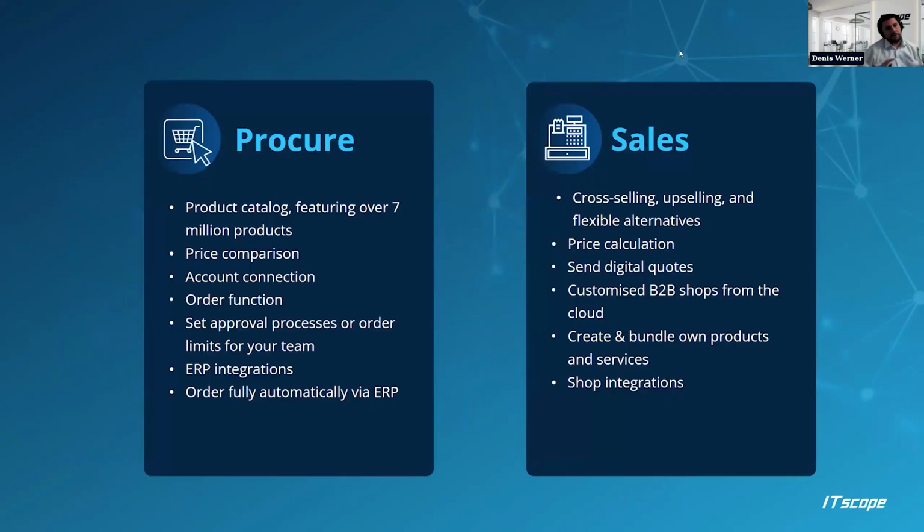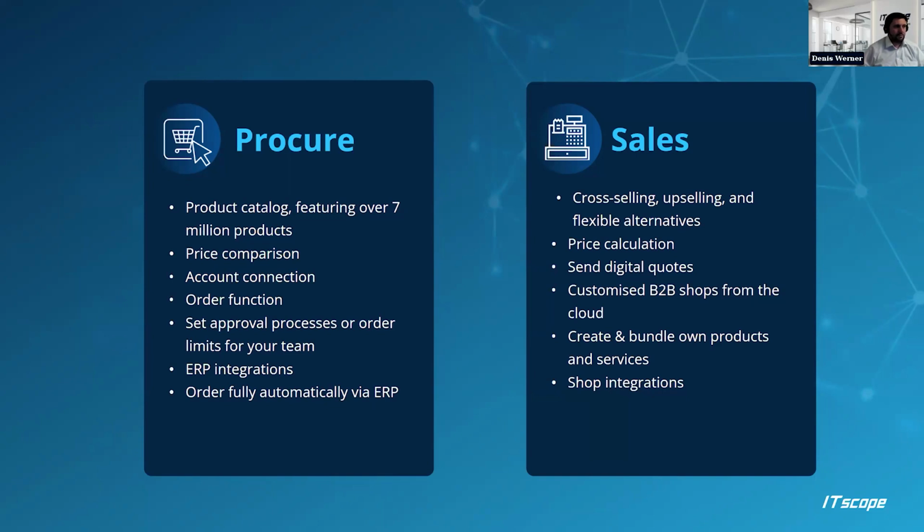Okay, so we separate into two worlds. First of all, we have the area of procurement, so the purchasing. And there we are starting, of course, with the product catalog. At the moment, we have over 7 million products, not only IT products, but also IT-related products.